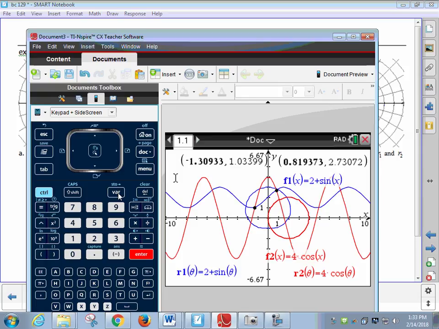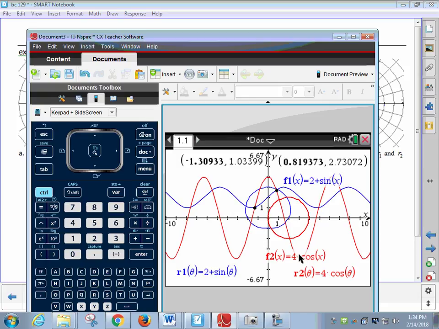How do you pick your intersection point? We're looking for these two polar intersection points. For this point, it's the first positive intersection, because theta starts at 0 here and goes that way. For this one, I could start at 0 and go negatively to find that intersection point, which corresponds to a negative angle.